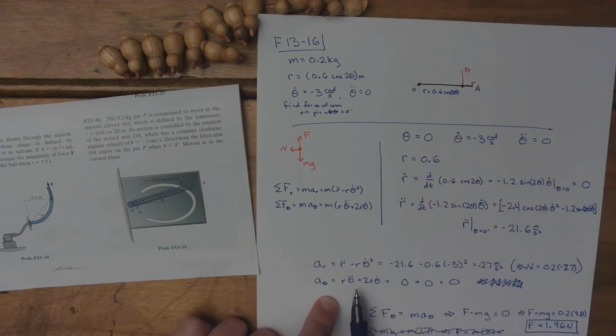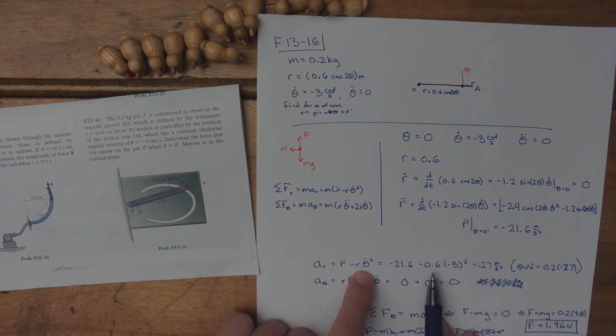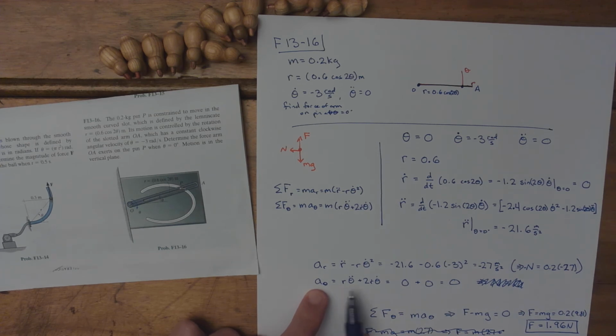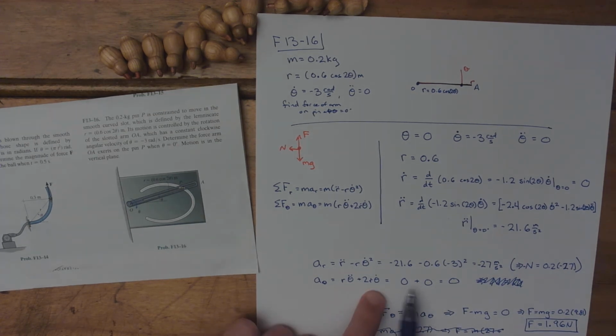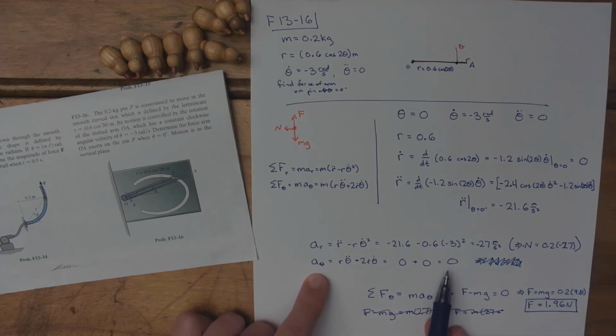So r double dot is equal to negative 21.6. r is equal to 0.6 when theta is equal to 0, and theta dot is equal to negative 3, so that gives me negative 27. In the transverse direction, I have theta double dot is equal to 0, but r dot is also equal to 0, so in the transverse direction, the acceleration is just equal to 0.